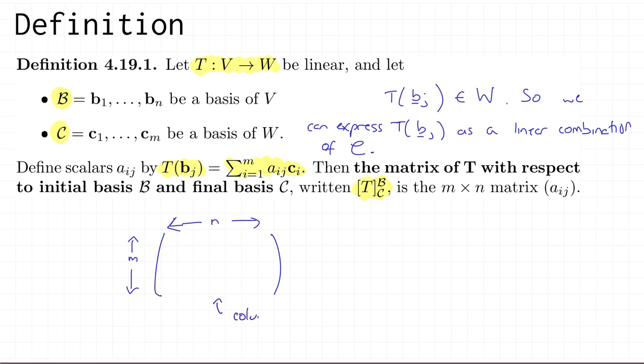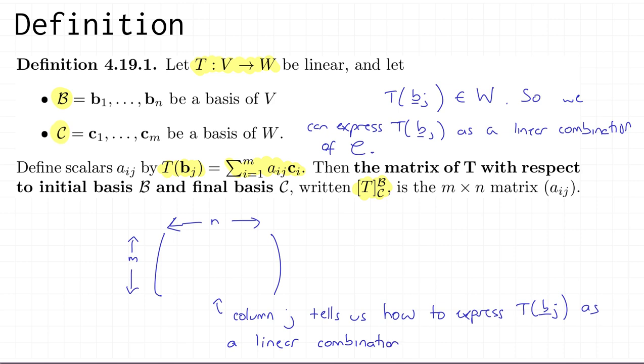So column j is exactly the scalars A_ij, as i runs from 1 to m, which tell you how to express T of B_j as a linear combination of the C's.